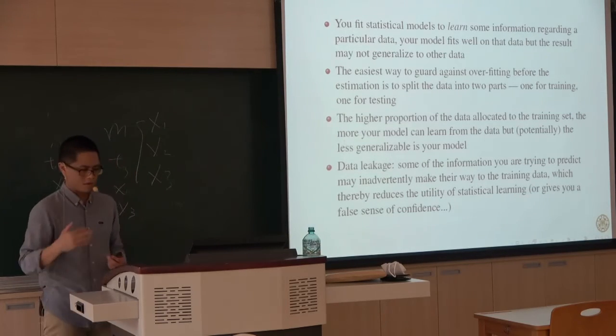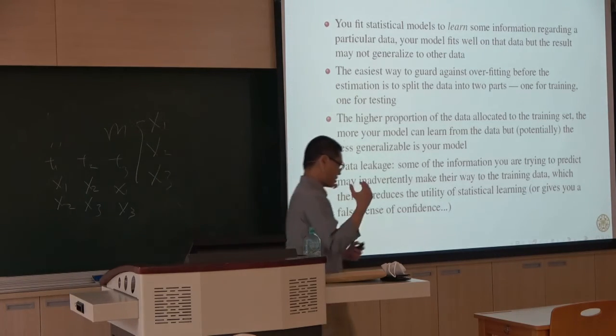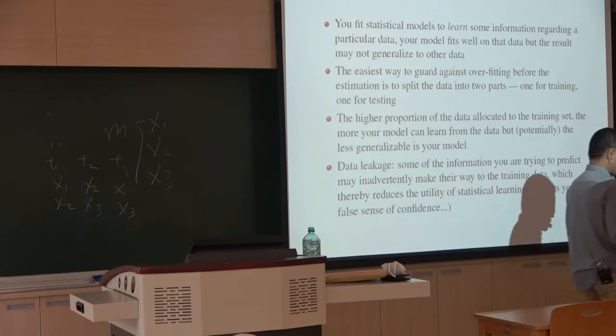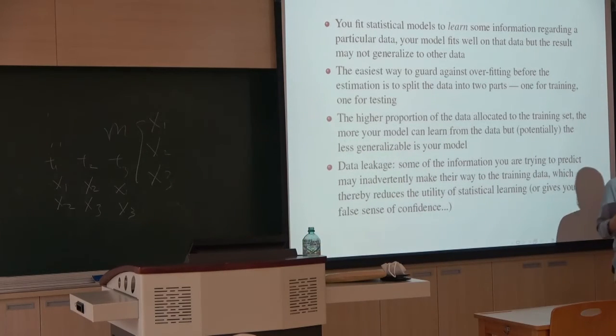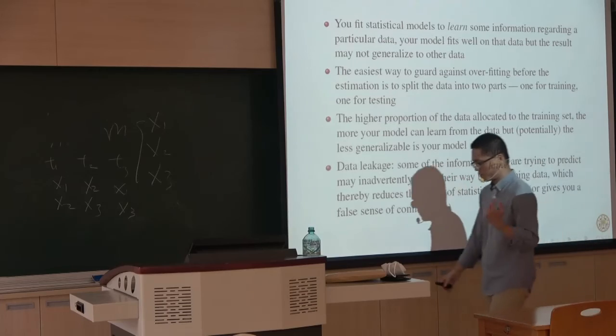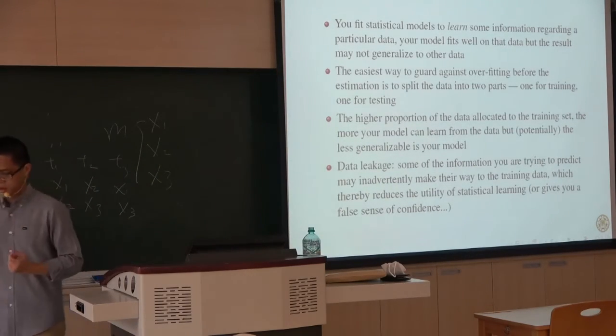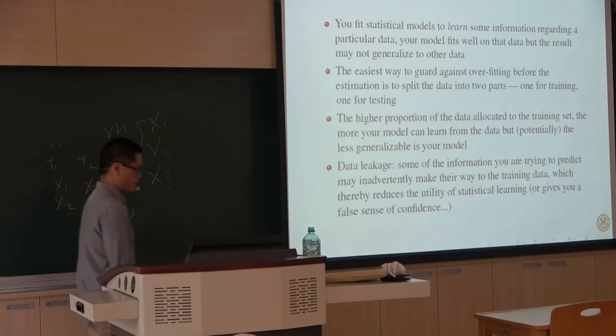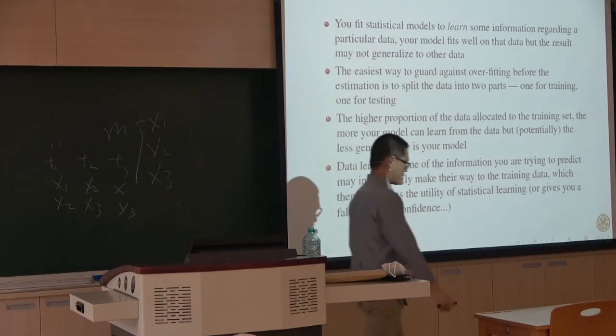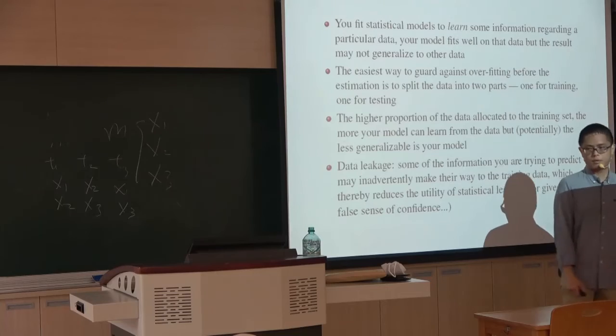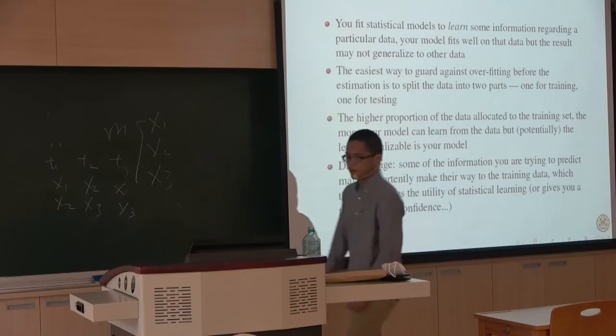For example, you specify a statistical learning model on Taiwanese stock market data, and the model fits very well, and you have high predictive power. And then you use the same model to predict, say, the China stock market or the US stock market. You probably fail, right? It probably won't work as well.